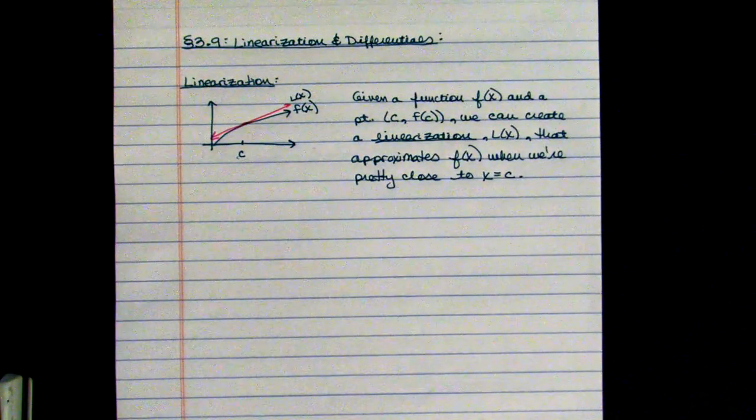Given a function f of x and some point c comma f of c, we can create a linearization, I'll call it L of x, our tangent line, that approximates my function when we're pretty close to x equals c. Take a moment, get all that stuff copied down.